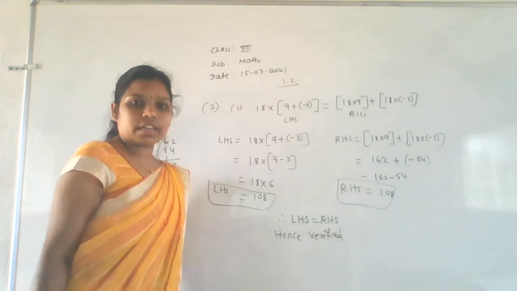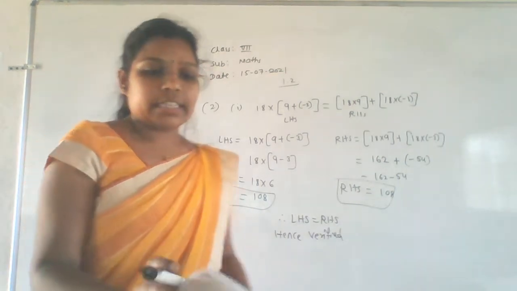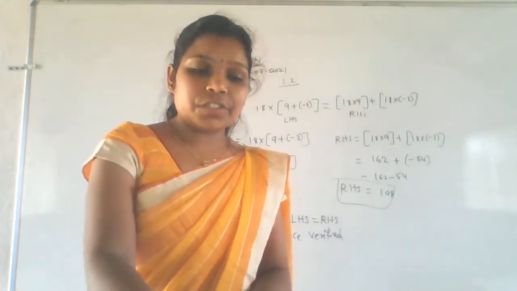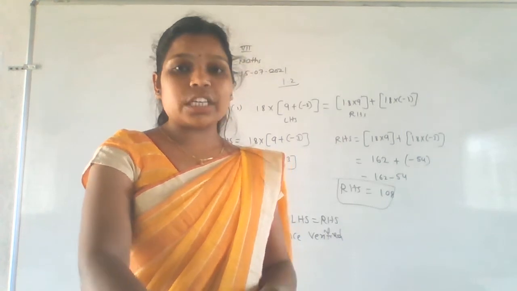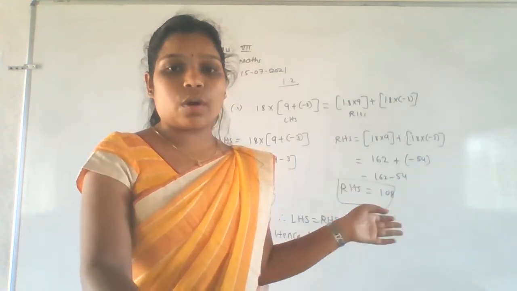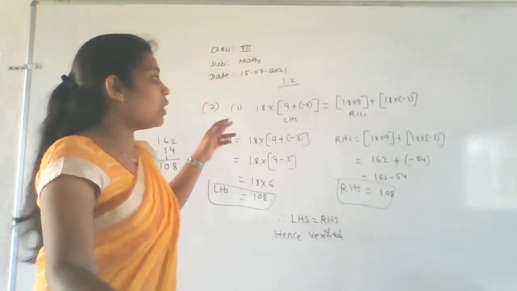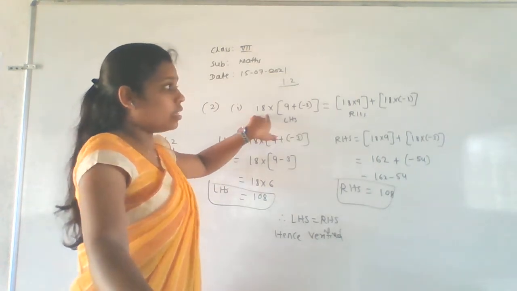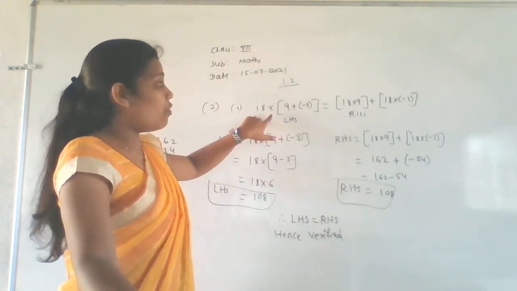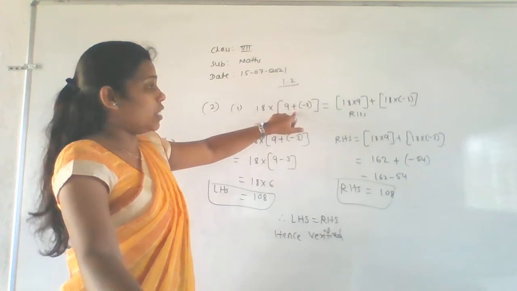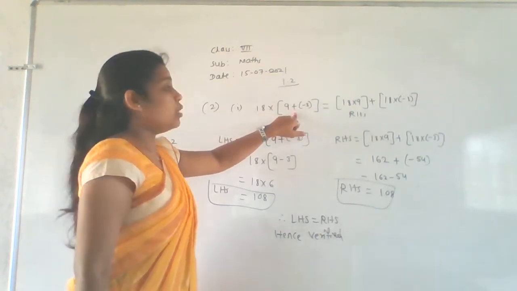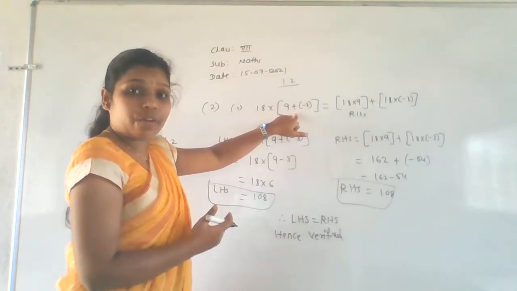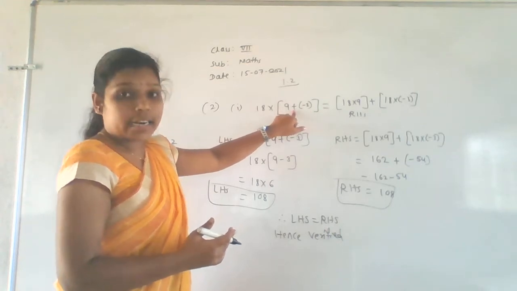That much you have to write here. They give a LHS as well as the RHS value. You have to check whether those two are equal or not. This is nothing but the distributive property of multiplication under addition they used here.